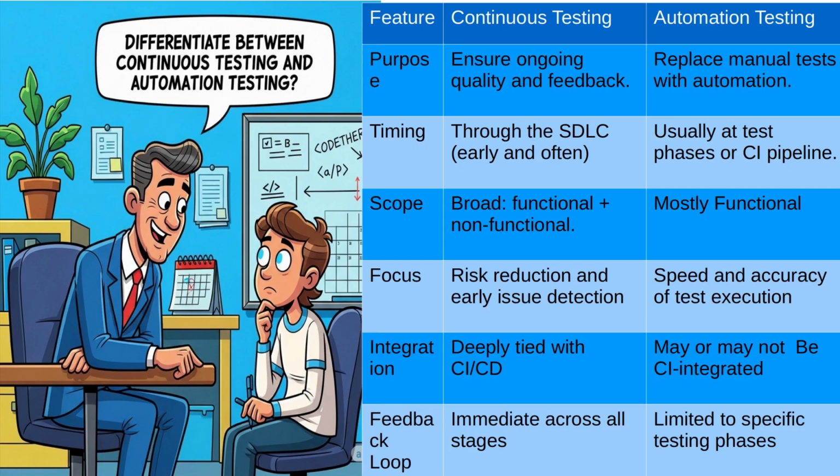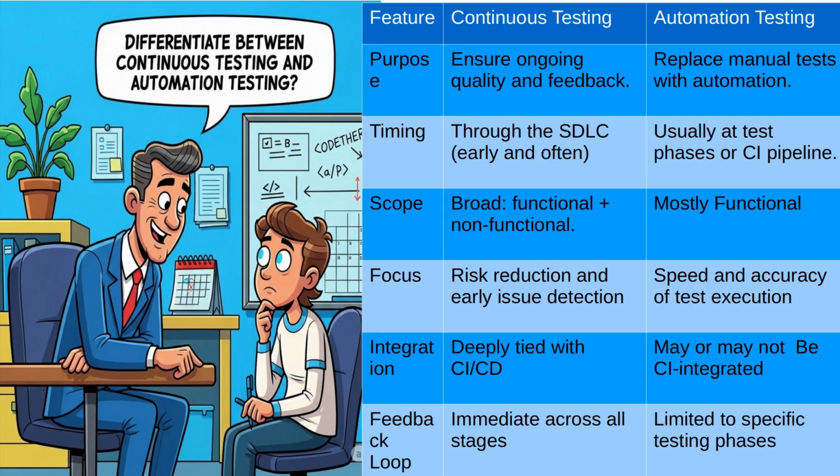The timing of continuous testing remains throughout the SDLC, whereas automation testing is usually performed in the test phase or CI pipeline. The scope of continuous testing is functional plus non-functional testing, whereas the scope of automation testing is mostly functional testing. The focus of continuous testing is risk reduction and early issue detection, whereas the focus of automation testing is to maintain the speed and accuracy of test execution.